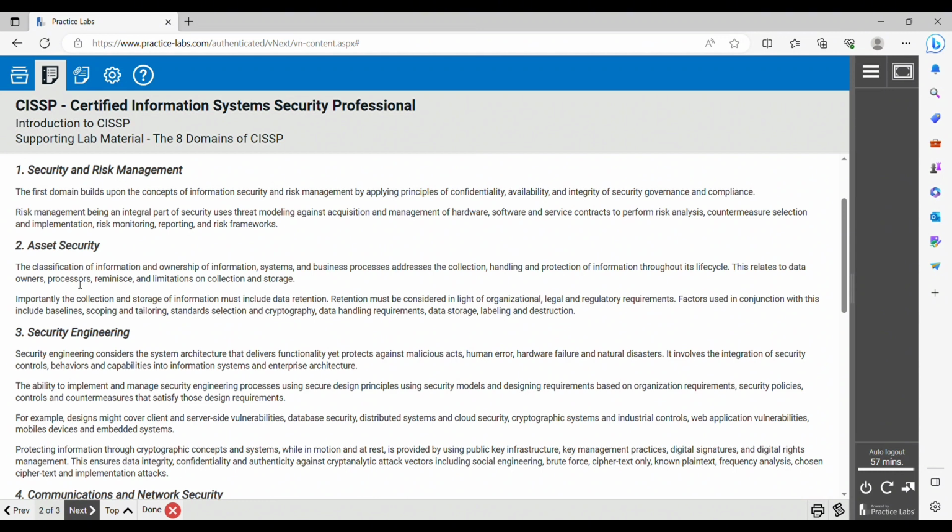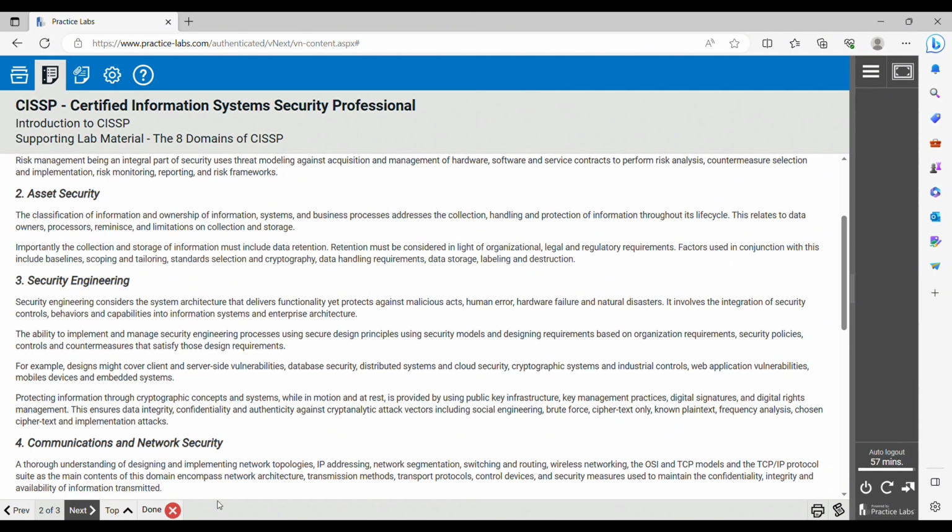This relates to data owners, processors, and limitation on collection and storage. Importantly, the collection and storage of information must include data retention. Retention must be considered in the light of organizational, legal, and regulatory requirements.